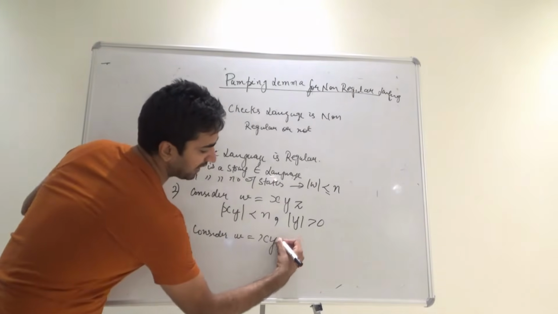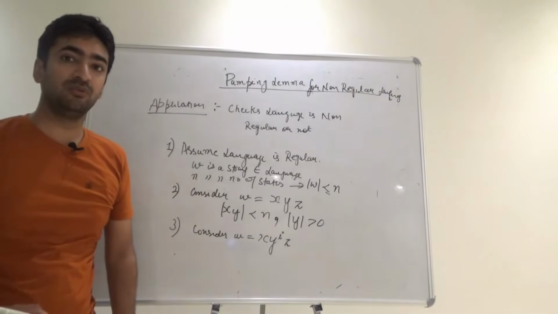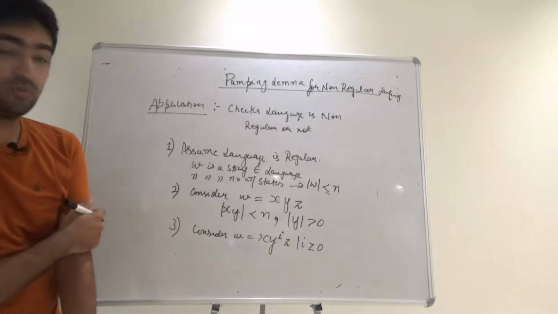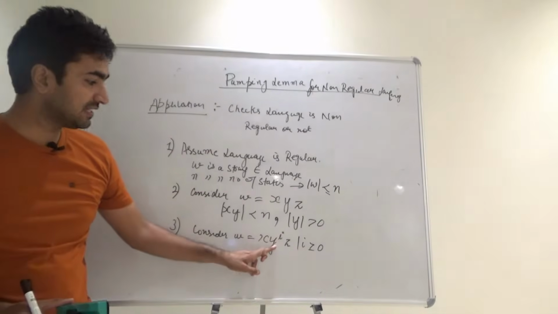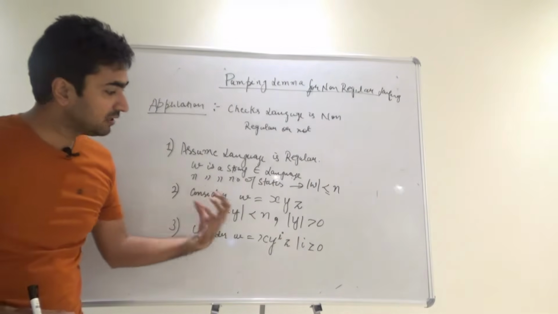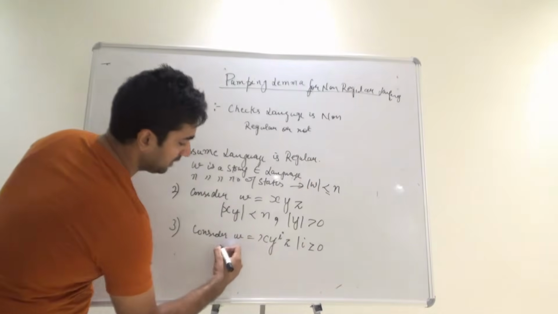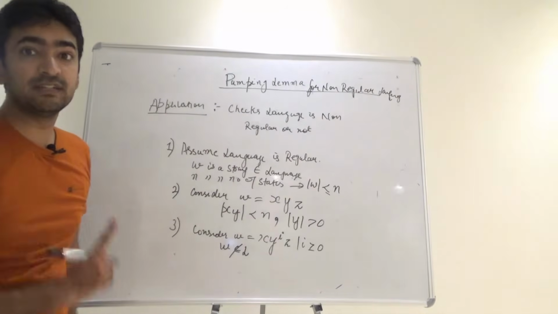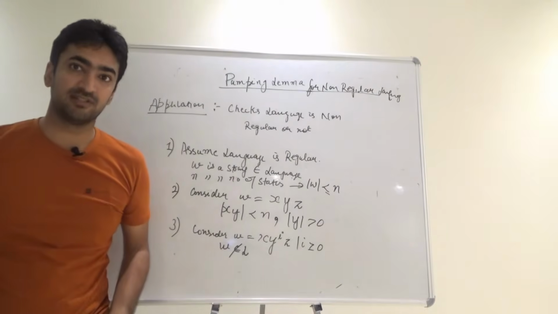So that's why I'm going to consider W as X, Y power i, Z. It's very important that the i value is greater than or equal to 0. This suggests that you are putting all the recursive loops with Y, and we have to make sure that if it doesn't belong to the language, it means our assumption is false.